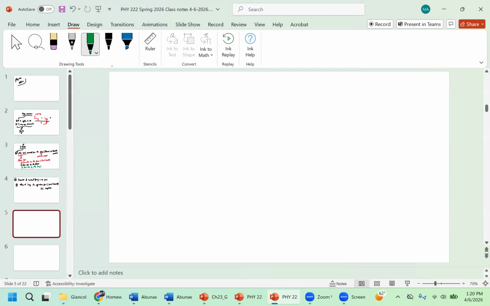So basically, these signs tell us what kind of mirror.